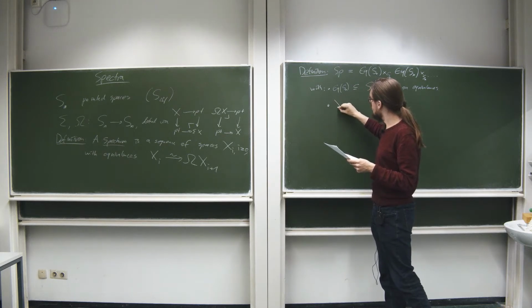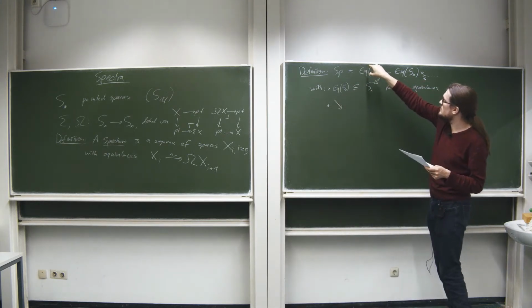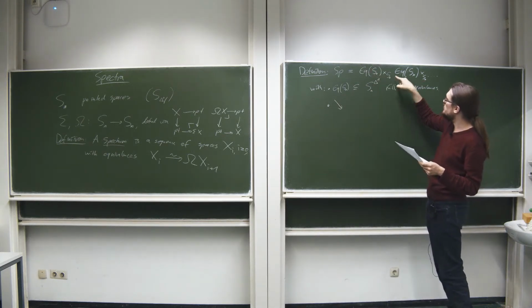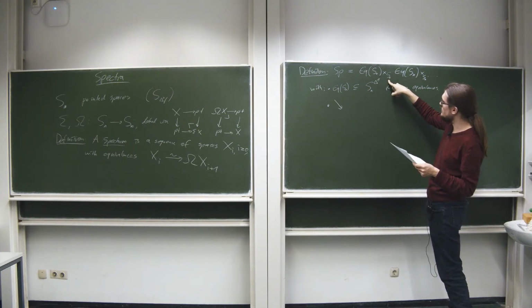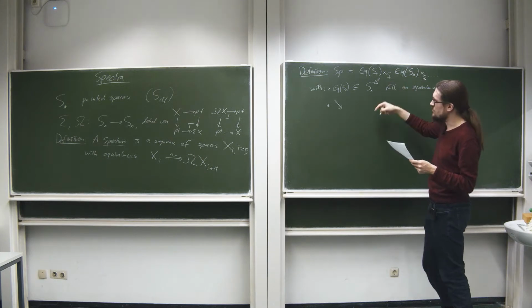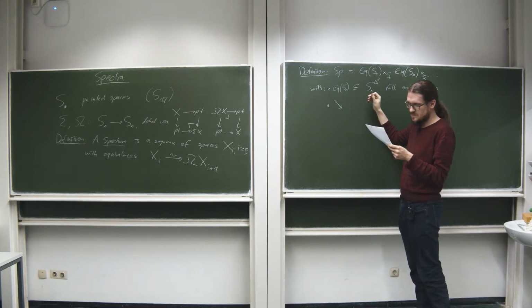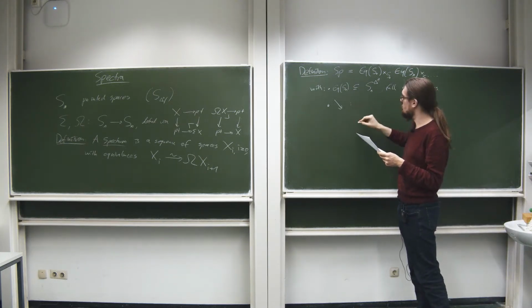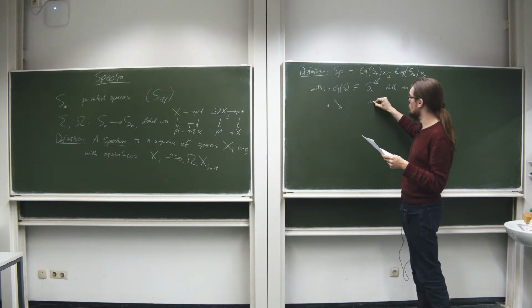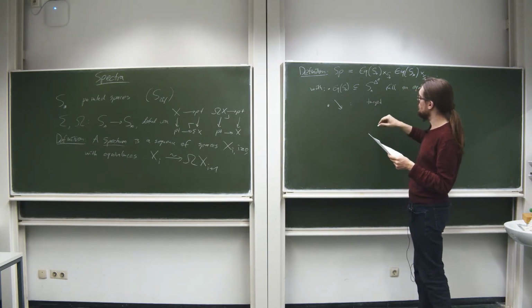And then I need to give you maps in this direction from each of these factors to this copy of S_*, and I need to give you maps in the other direction. So these maps are simply given by sending an arrow to its target, right?